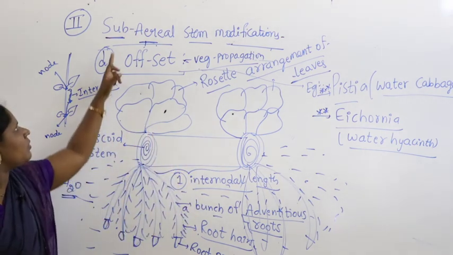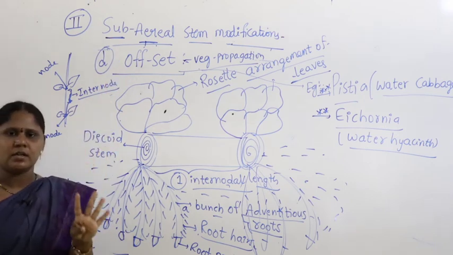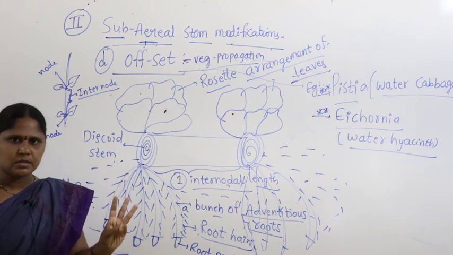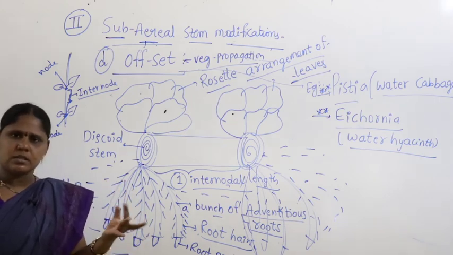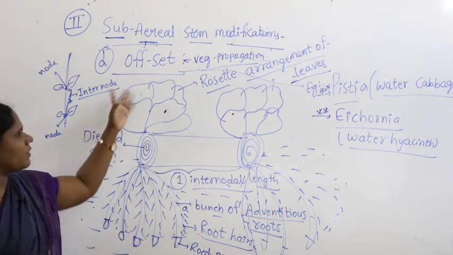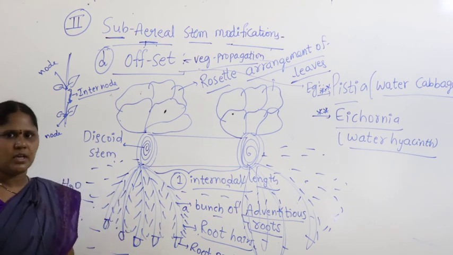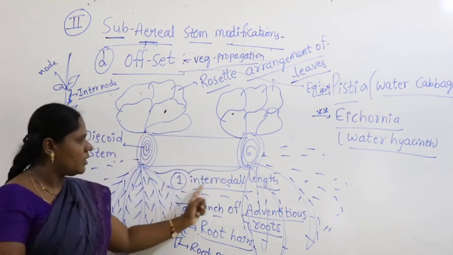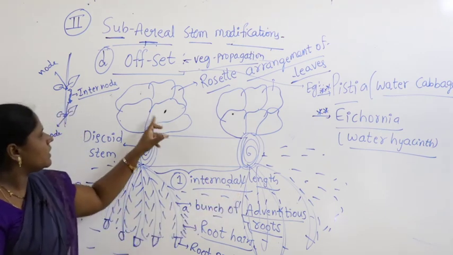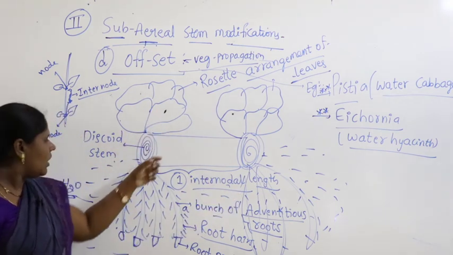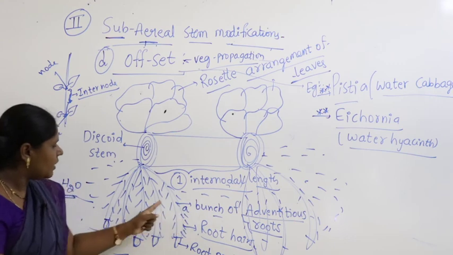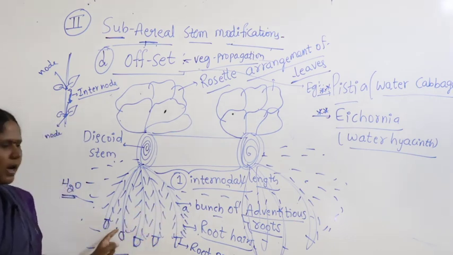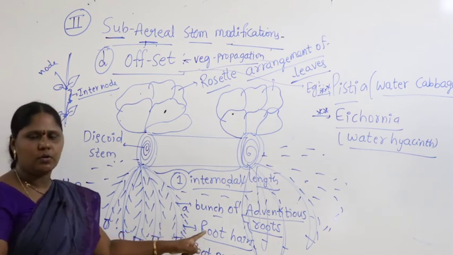In subaerial stem modifications, we have 4 categories. What are they? First runners, stolons, suckers, and the next one is called offset. I repeat, for offset, a discoid stem is present with one internodal length, with the rosette arrangement of leaves, a bunch of adventitious roots with root pockets filled with water, and lateral roots called root hairs.